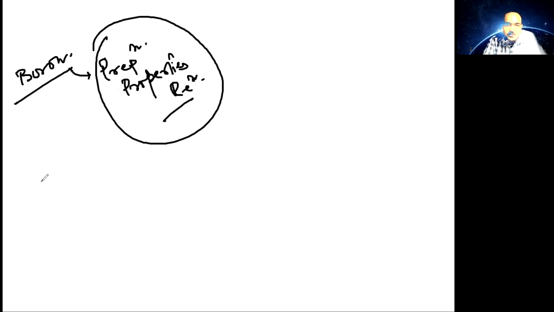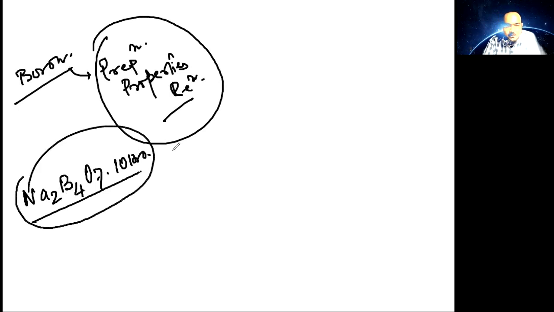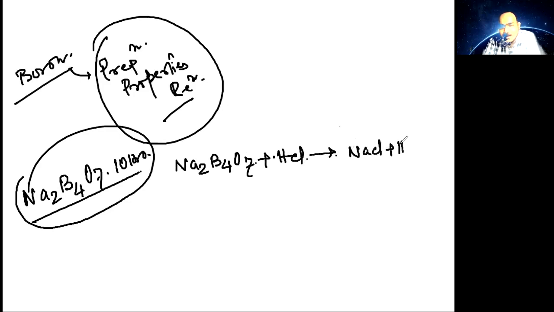Now what happens? Boron is actually prepared from borax. This is the formula of borax. In the previous class, we saw the structure of borax. Na2B4O7 plus an inorganic acid, you can apply here H2SO4, HCl, etc., will produce NaCl plus H2B4O7.